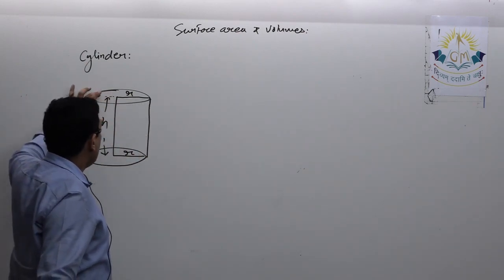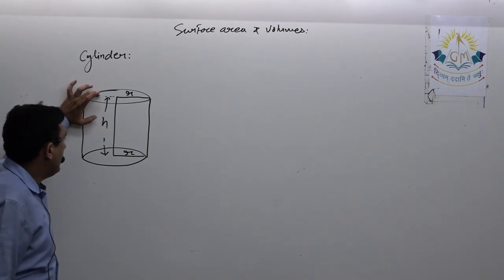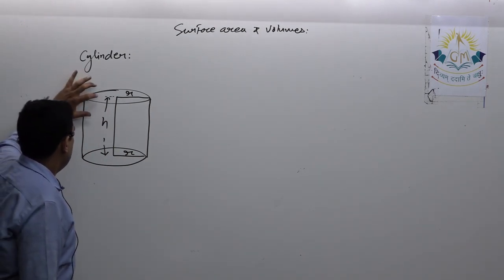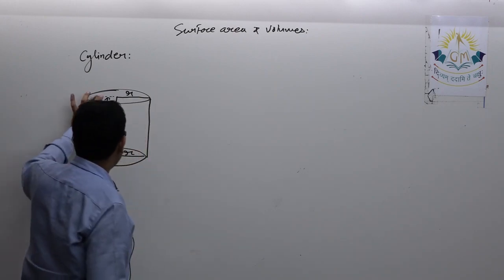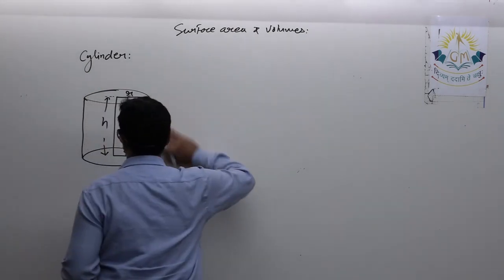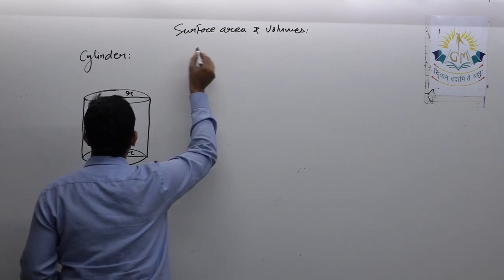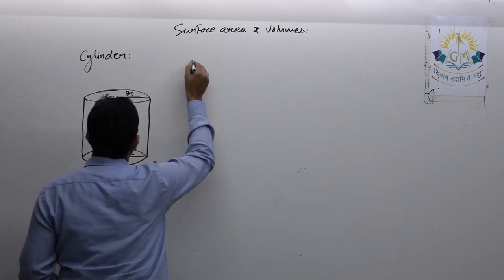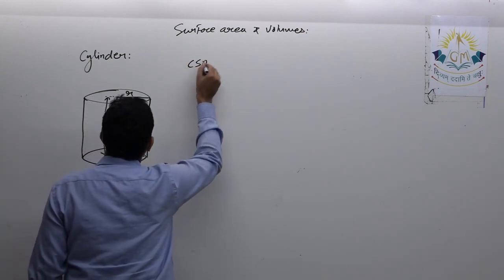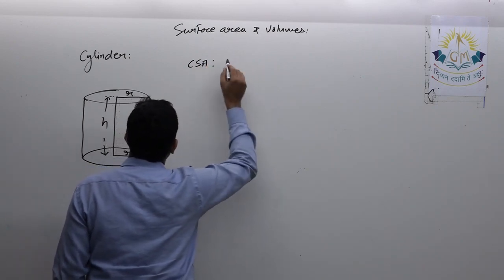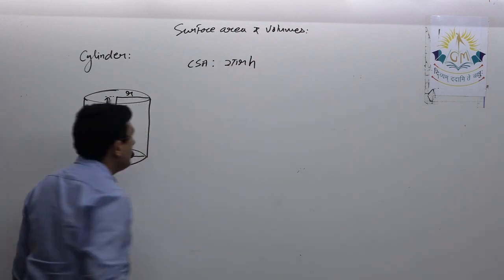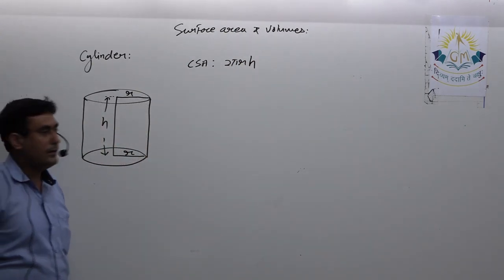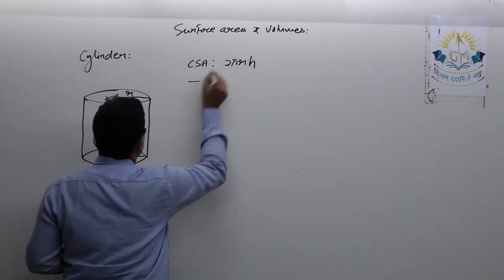We do not have to include the area of top and the bottom. Okay, we have to exclude the area of base of the bottom and the top. Just we have to take the area of curved surface. So it is called CSA, curved surface area. Its formula is 2 pi r h. Curved surface area is 2 pi r h.